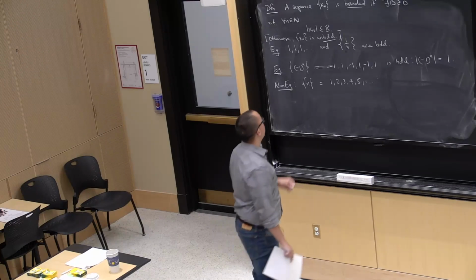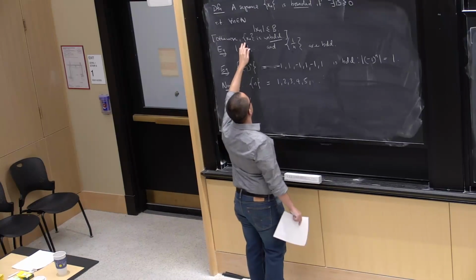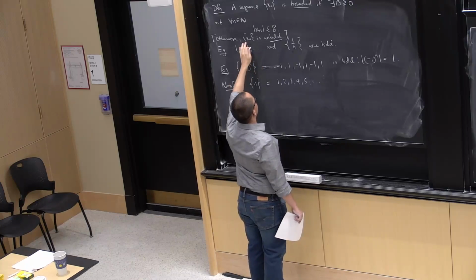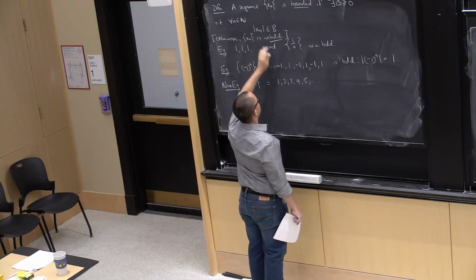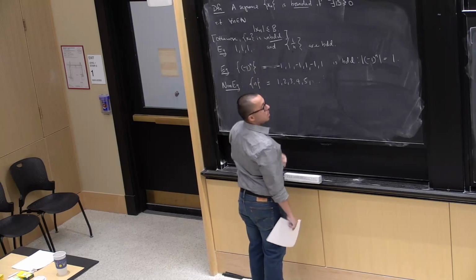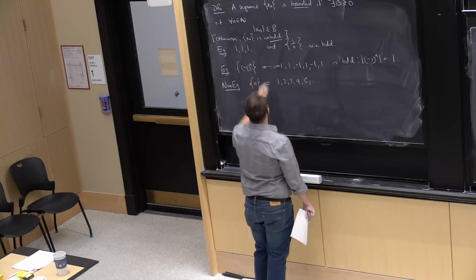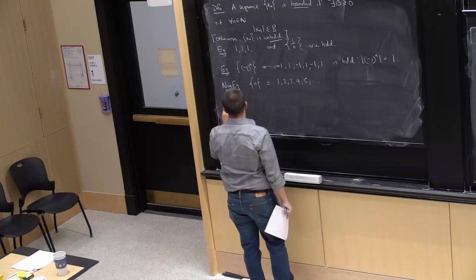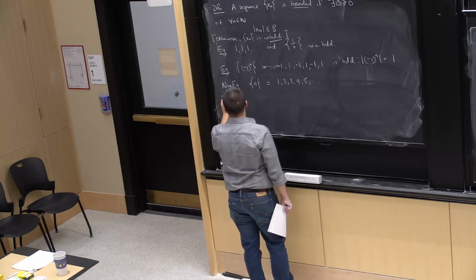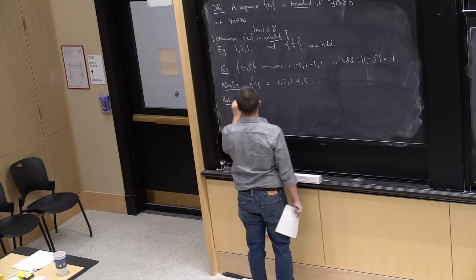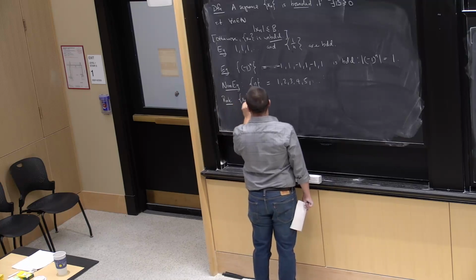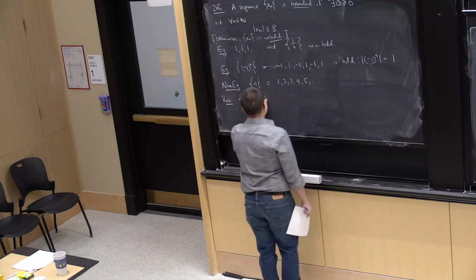Okay, so even though I'm saying that if it's not bounded, I call it unbounded, I haven't actually written a mathematical statement to this effect on what this means. So let me make this right here as a remark. So a sequence is unbounded.